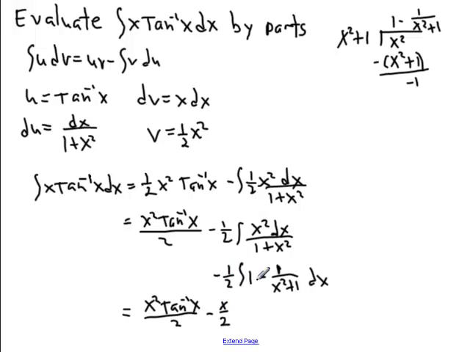And minus 1 half times the antiderivative of 1 over x squared plus 1, and so we get another inverse tangent, inverse tan x, and it's minus times minus, which is plus 1 half the inverse tangent x, and we can't forget about our friend, plus c.